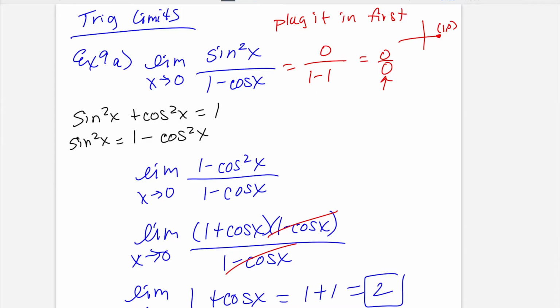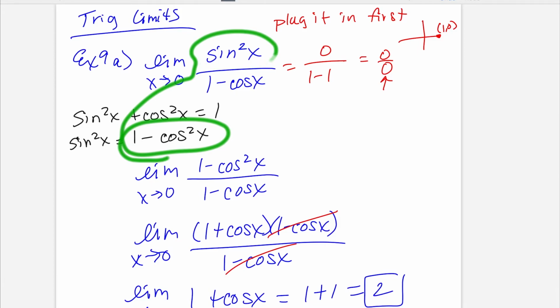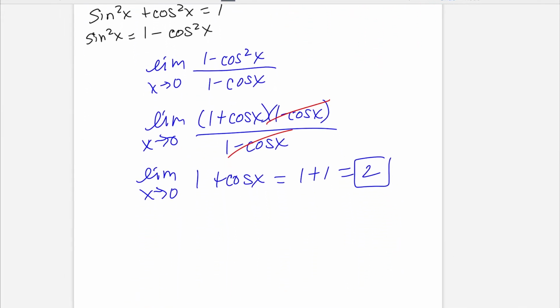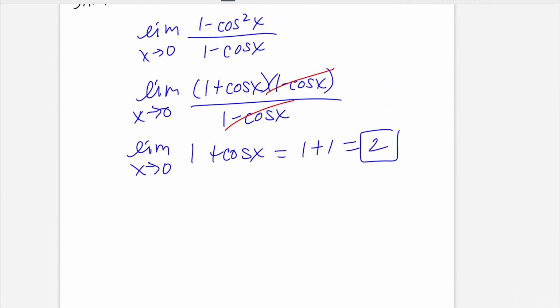This is the most efficient way to pull this off, but there are other ways to manipulate these in order to come up with that answer. Things to look for: oh, this is 1 minus cosine. I know with my identity here that I have something that I can cancel that out with, and that's my best course of action. But it's still trig. I just want to make sure that you know there's more than one way to pull that off.